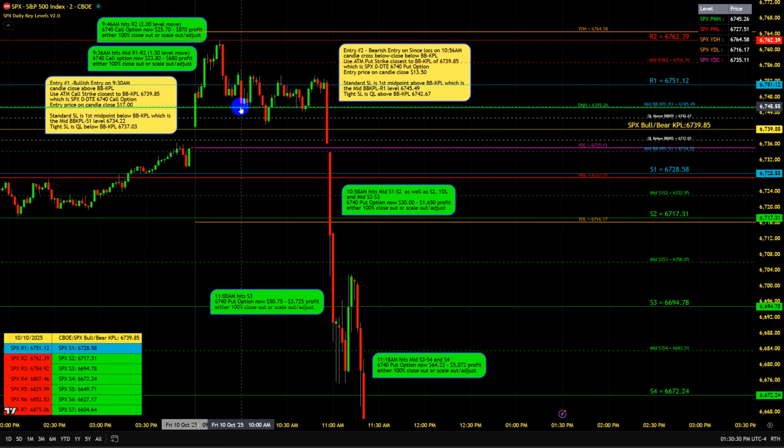However, just keep in mind that the reason that we have 1.5 level move as a minimum target on a regular trade as opposed to a scalp is because with this indicator, that's typically going to be, in most cases, the start of a possible turning point where price may just start trading sideways or start retracing. So that's why that is the minimum, whereas the second most often is going to be the 2 level move.